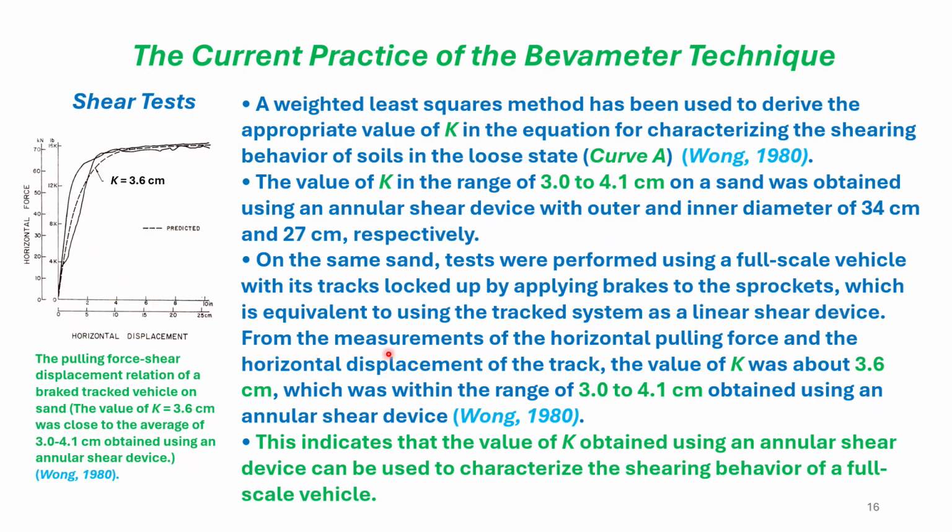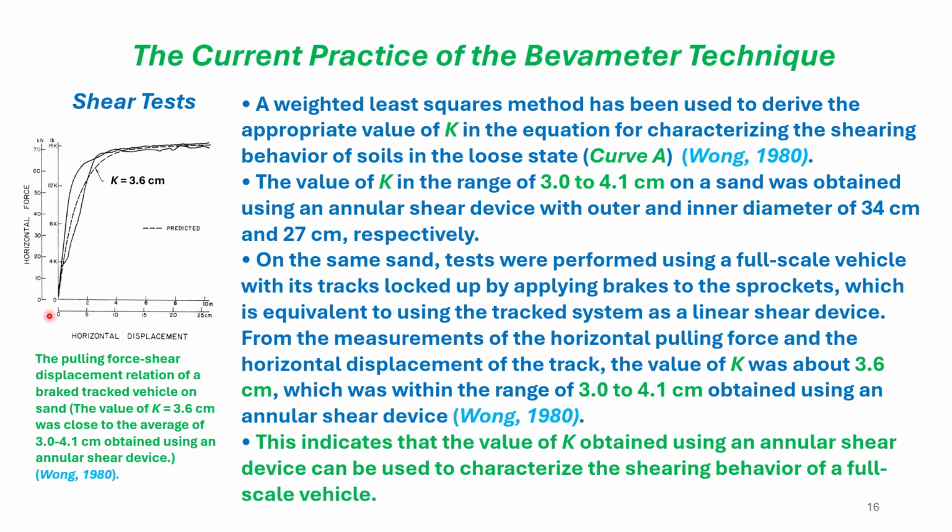From the measurements of the horizontal pulling force applied to the vehicle and the horizontal displacement of the track, the value of K was about 3.6 centimeters, which was within the range of 3.0 to 4.1 centimeters obtained using an annular shear device.